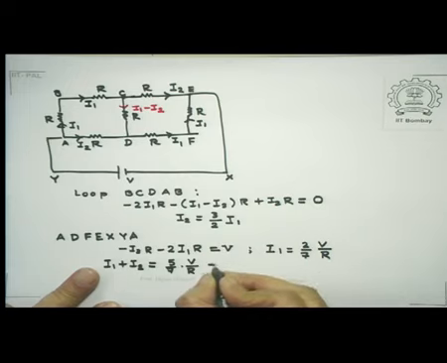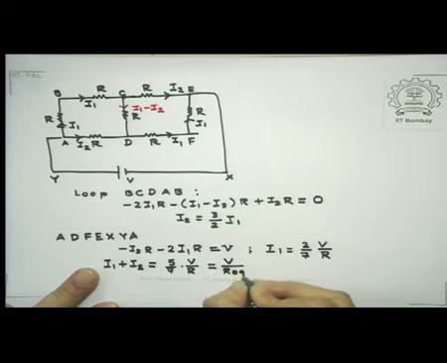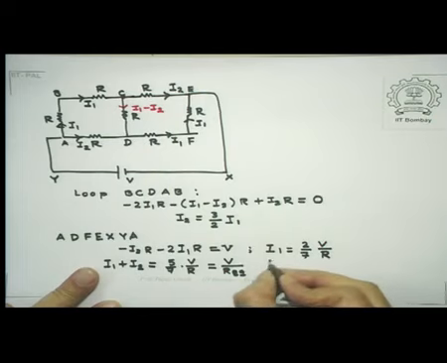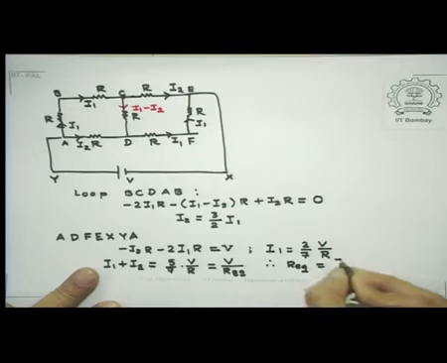And suppose the equivalent resistance of this circuit is Req, then this is also equal to V divided by Req, because I1 plus I2 is the current that is supplied to this circuit. So that tells me immediately that Req should be equal to 7 by 5R.